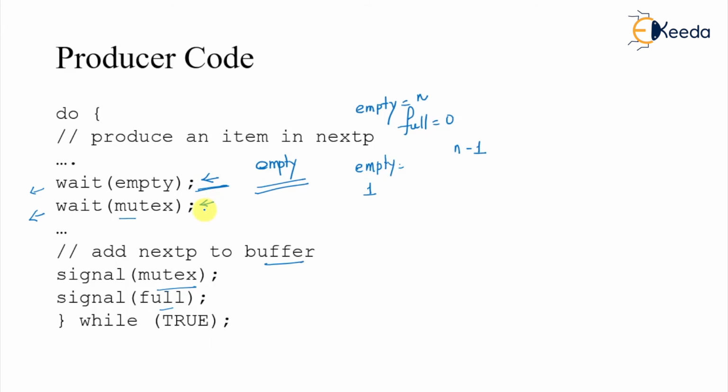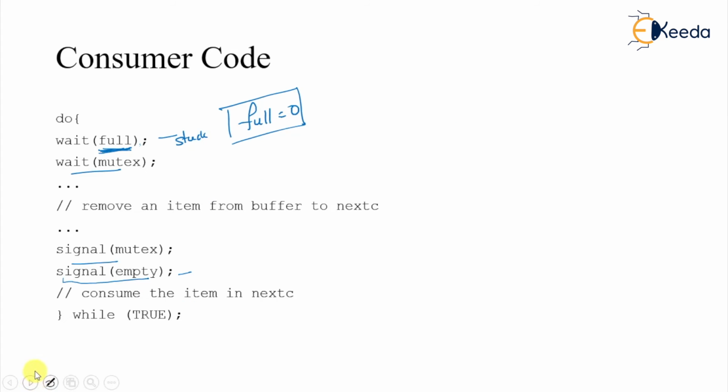Mutual exclusion, only one process will be there, so that is about your count updation. And if full is equal to 0, then the consumer has to wait here, it will be stuck here.